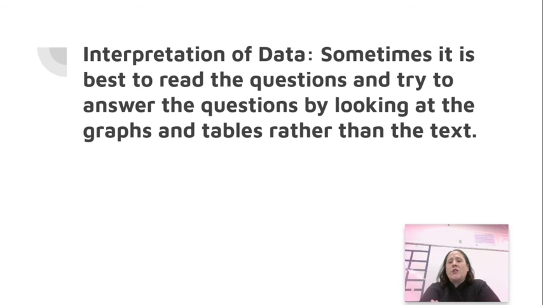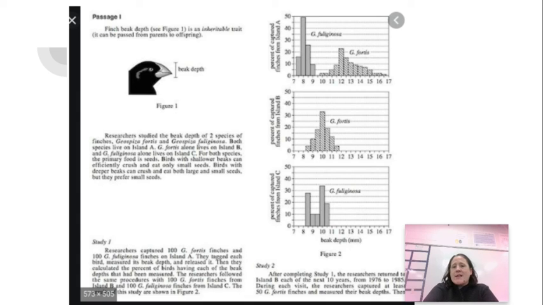So with the interpretation of data, again, sometimes it's best not to read the text, but go straight to the questions and then try to answer the questions by only looking at the graphs and tables. So if we look at this as an example, and I know it's blurry, we can see that there's some sort of bird here and they've labeled beak depth. So if I was just looking at this and didn't know what they were talking about, I'd say it's probably about a bird and probably about how big the beak is.